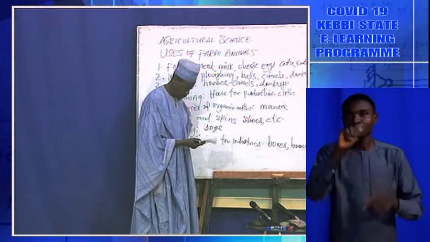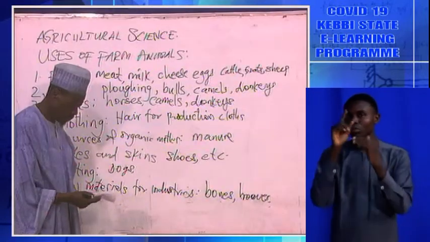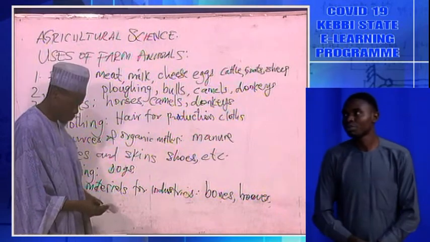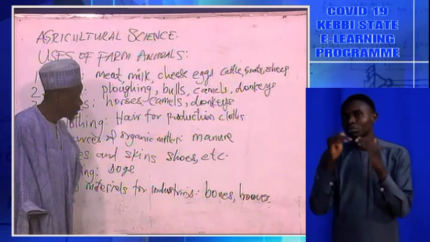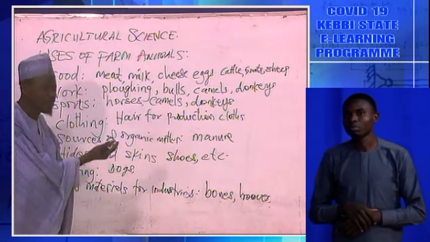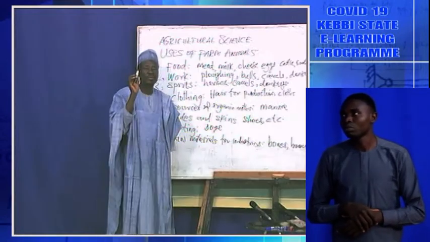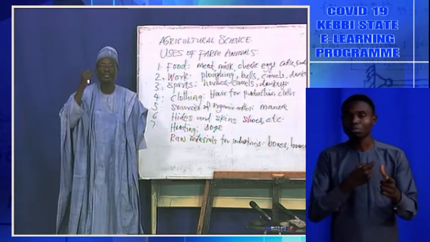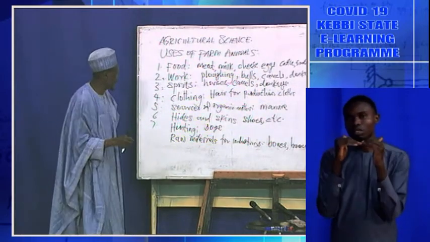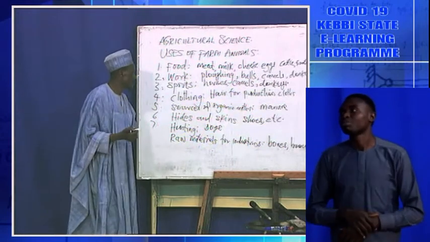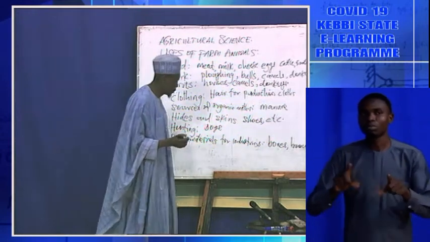Do we have more? Bones. And maybe teeth. Sometimes people use the teeth of animals, send them to industries to provide other materials that are useful.